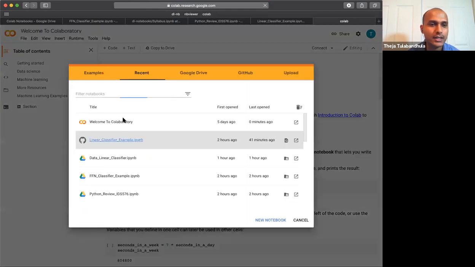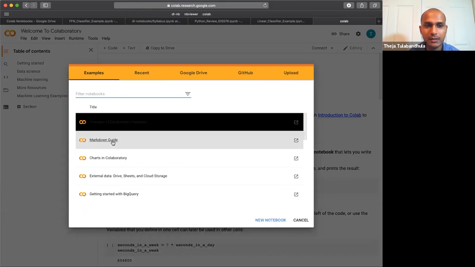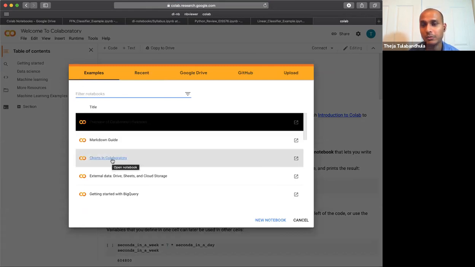On the examples tab, you can see there are a bunch of examples. If you click charts, you'll be able to see how to plot scatter plots and more. All the things that you might have done in R or even Tableau, not all, but some of them, you'll be able to see how to do that. Okay, but let me come back here.